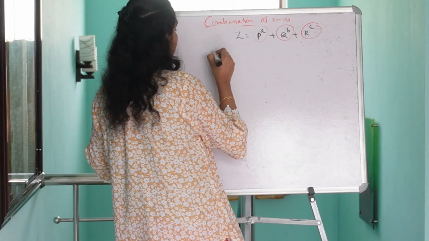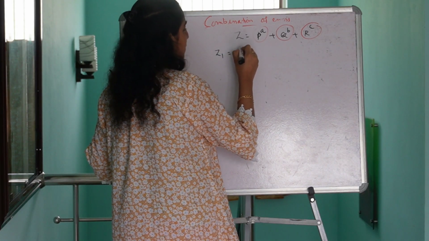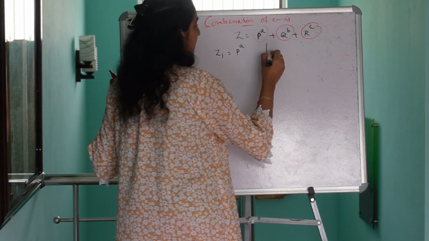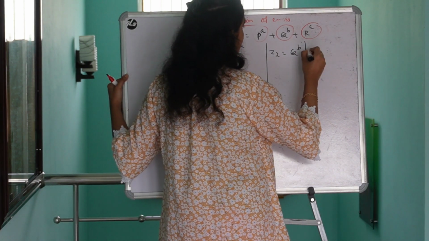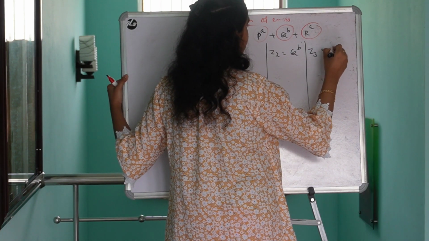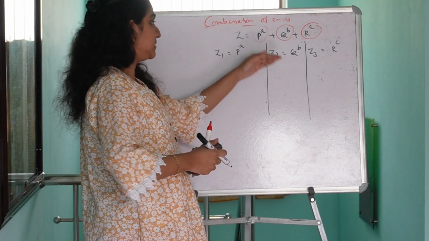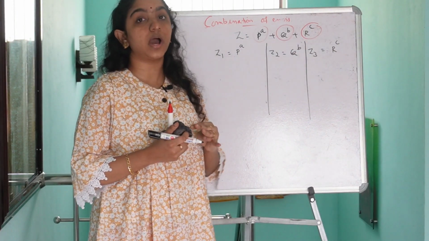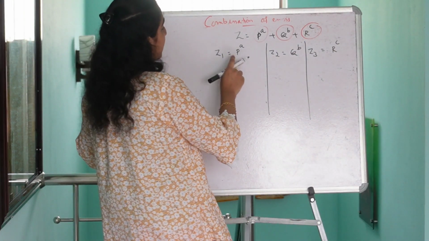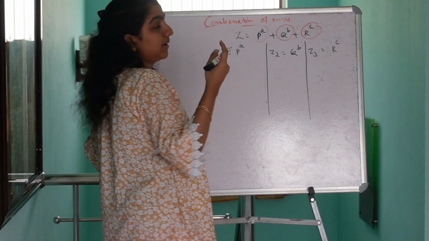So let Z1 is equal to P power A, let Z2 is equal to Q power B, and let Z3 is equal to R power C. Now, here the operation involved is power, isn't it?